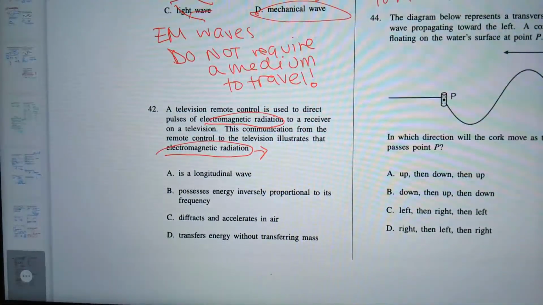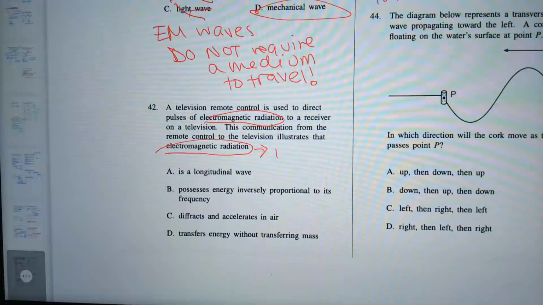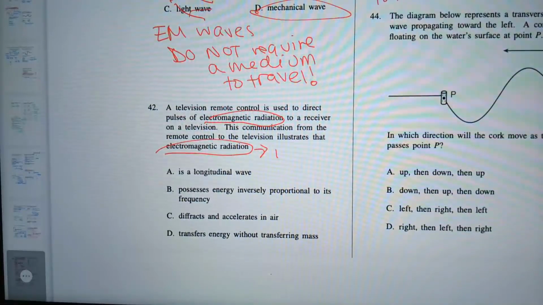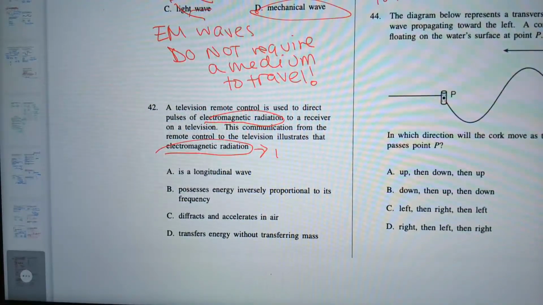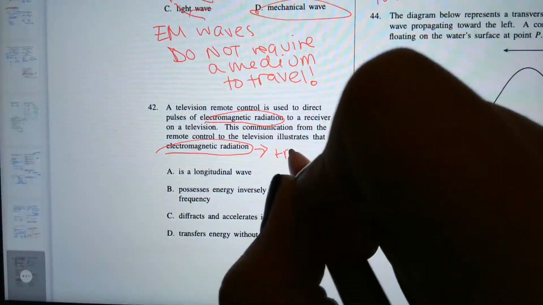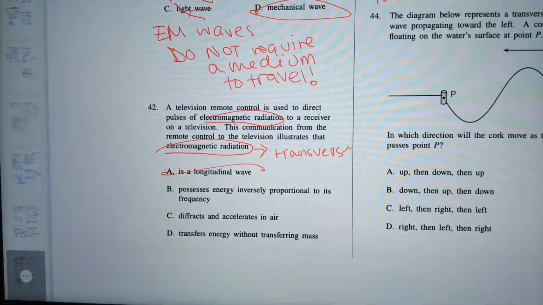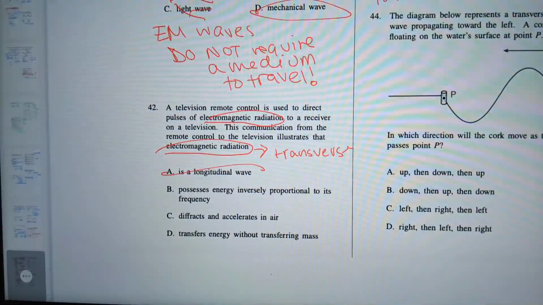Absolutely not, because electromagnetic radiation is a transverse wave. Let me just make sure that the YouTube is still going. Okay, cool. So this automatically possesses energy inversely proportional to its frequency.